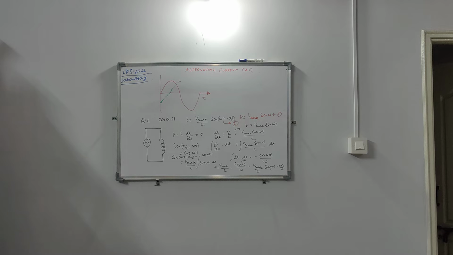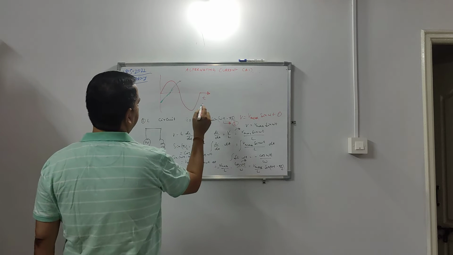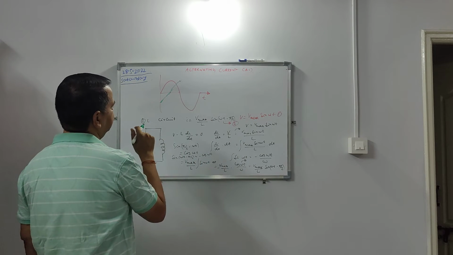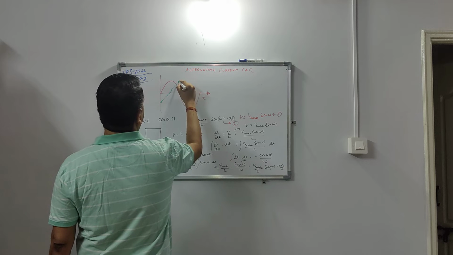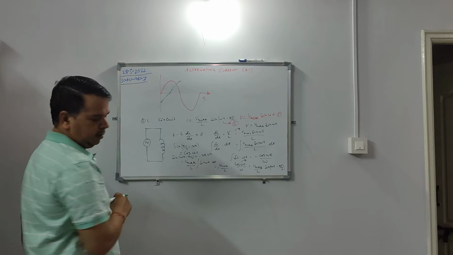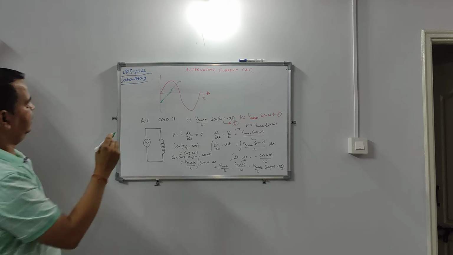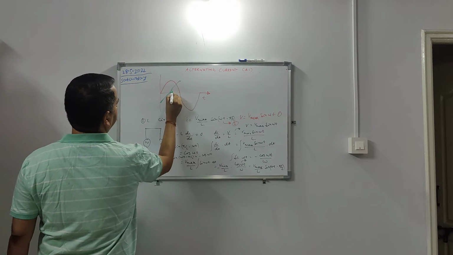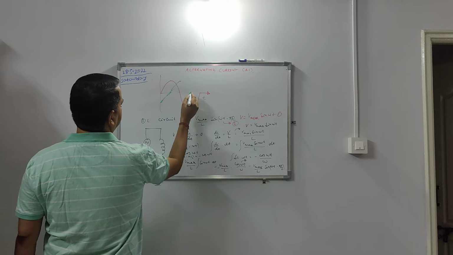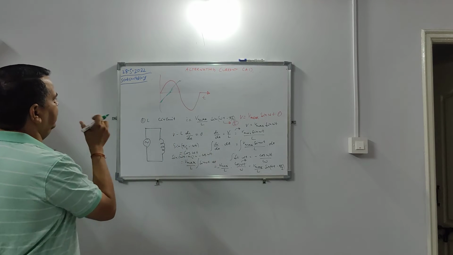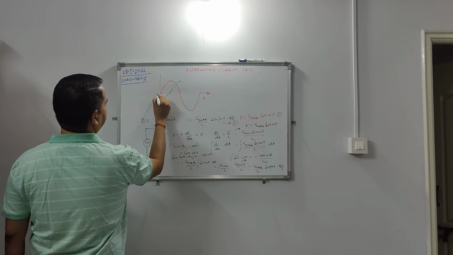This is my current, voltage is leading. So if voltage is leading, its maximum point will be after pi by 2. So let us say this is my 0.